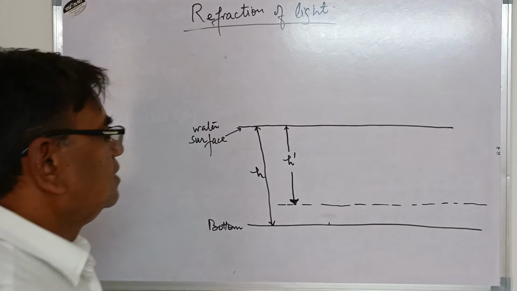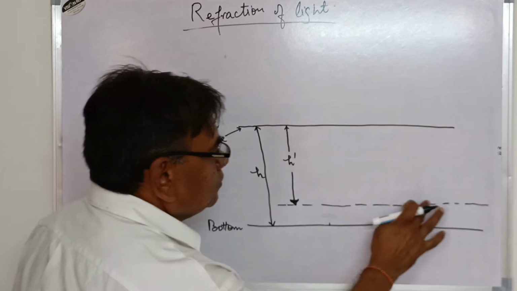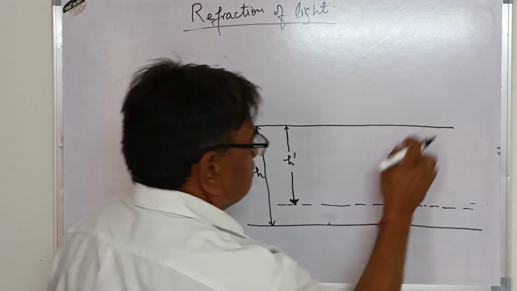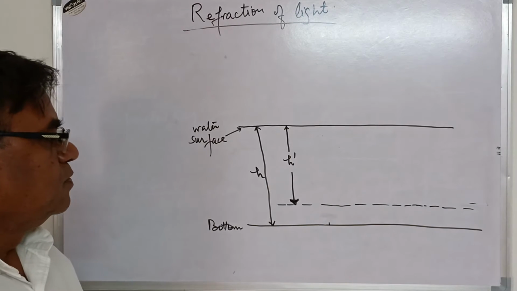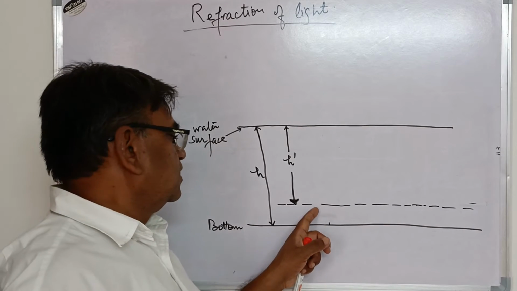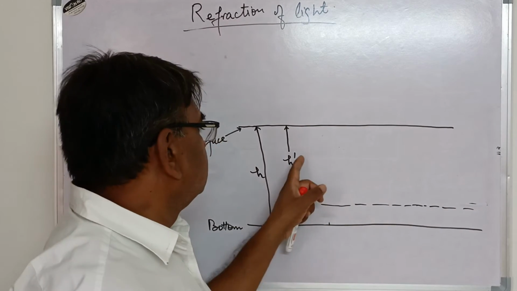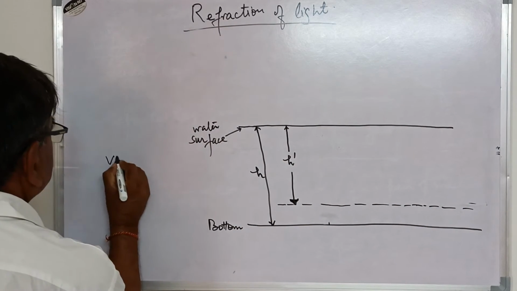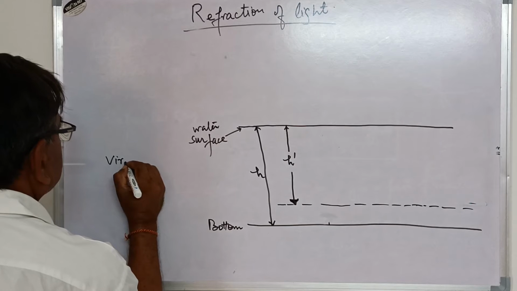When we see through the water, we come to know that the depth of the pond is only H dash. So this is the virtual depth, the depth that I see.